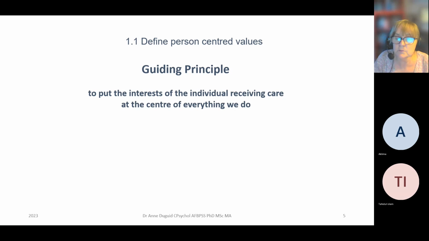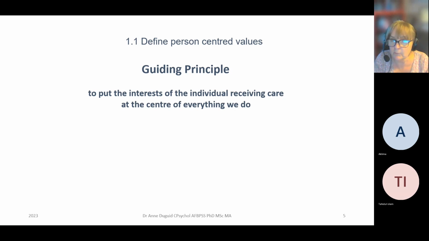Now, remember when we talked about equality and inclusion, we now know that everybody has the right to be included within the whole of their care planning, and that they can't be discriminated against based on any kind of personal or interpersonal factor.